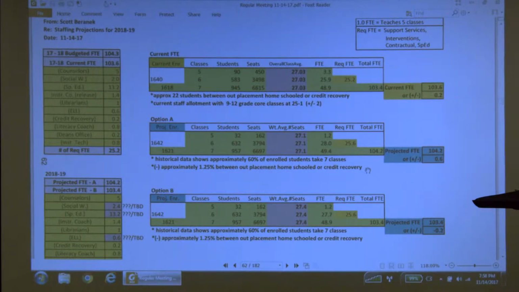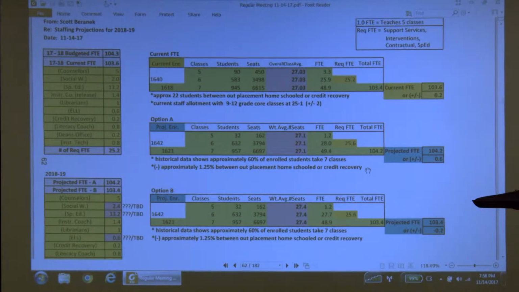These are people that carry Illinois teacher certificates, Illinois licenses, but aren't teaching 5 classes, but are paid on a full-time equivalency. So that's like your social workers, your guidance counselors, instructional coach release periods, other things that are contractual, special education teachers, librarians. So those are your required FTE.